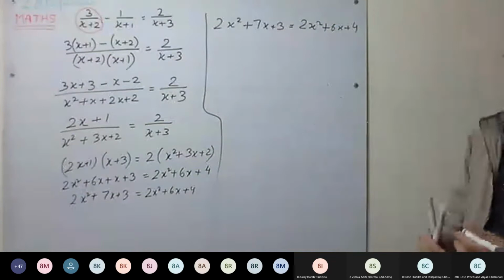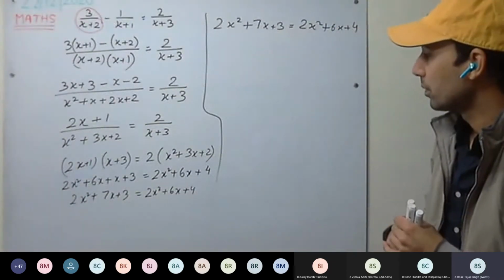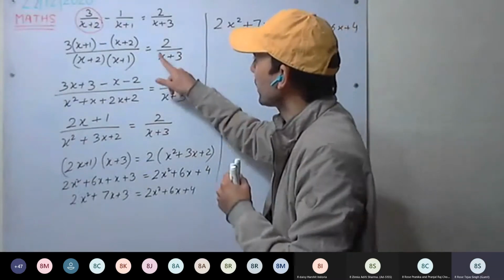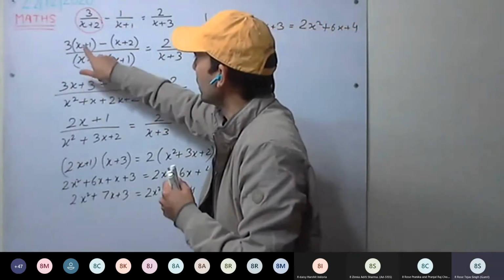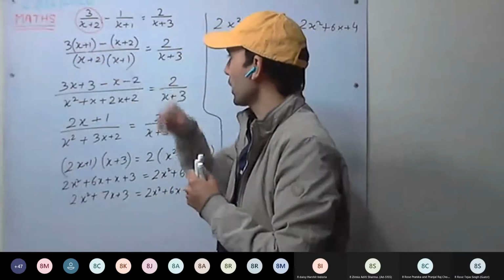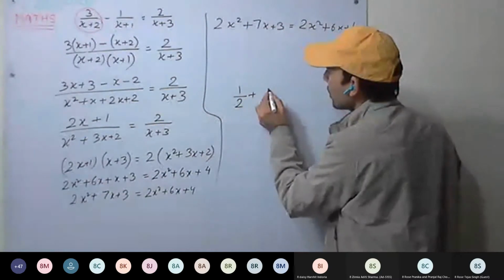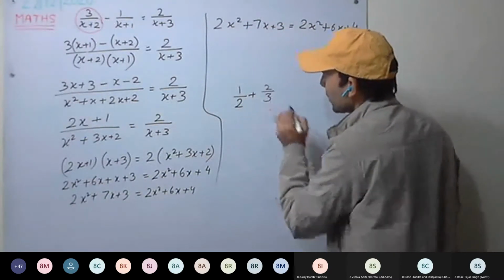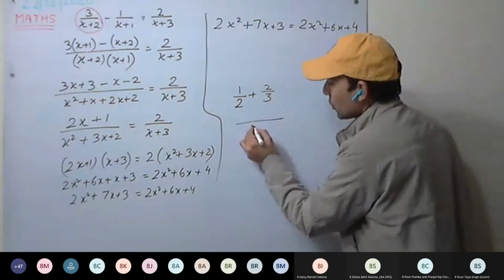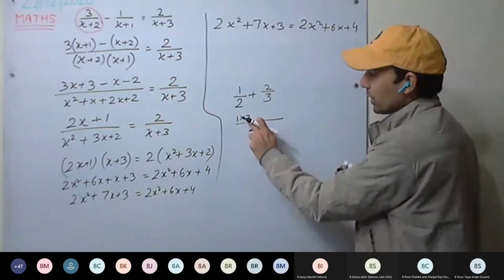Sir, why do we multiply 3 by x plus 1 in the second step? Are you asking this one? Tell me here: 1 by 2 plus 2 by 3, how to take the LCM? 2 into 3, here it will be 1 into 3.